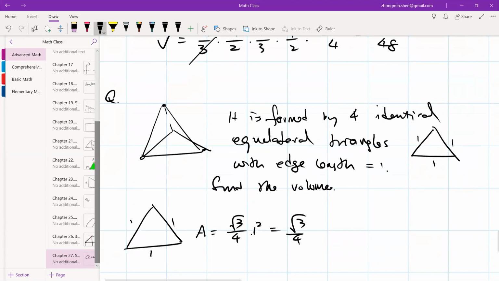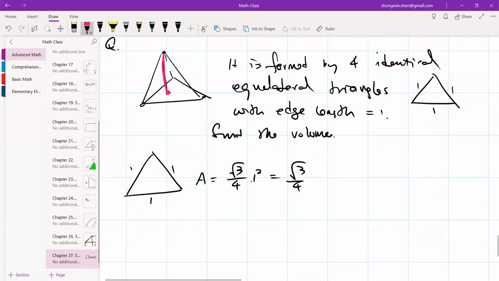Okay, so the question is, how do you find the height? If you draw the height from top to the center of the triangle, the base is a triangle, it's not a square.